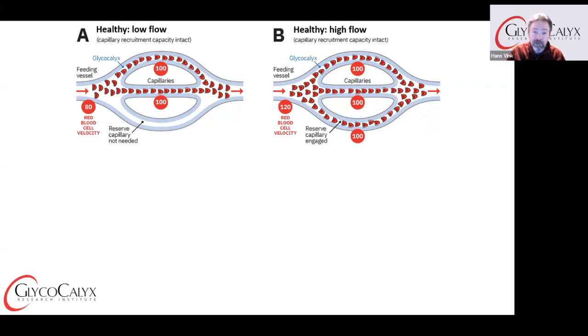And as a result, there is a matching blood volume increase at the capillary level, and red cell velocities stay very much the same in the capillaries, despite a 50% increase in the blood flow in the feeding arterioles.